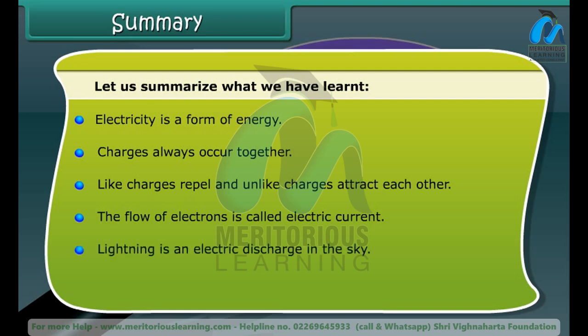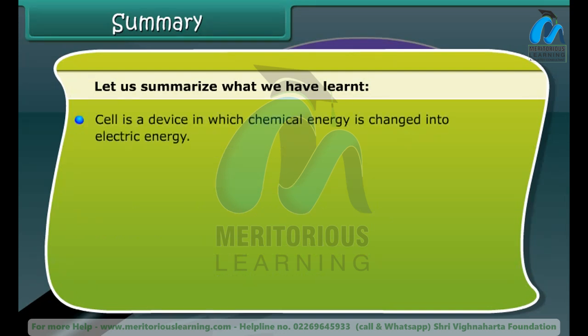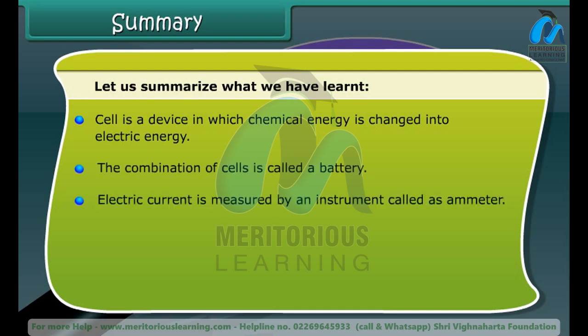Lightning is an electric discharge in the sky. Cells are sources of electric current. A cell is a device in which chemical energy is changed into electric energy. The combination of cells is called a battery. Electric current is measured by an instrument called an ammeter. Metals and inorganic salts are good conductors.